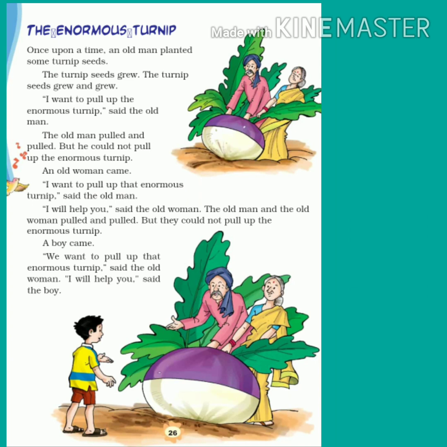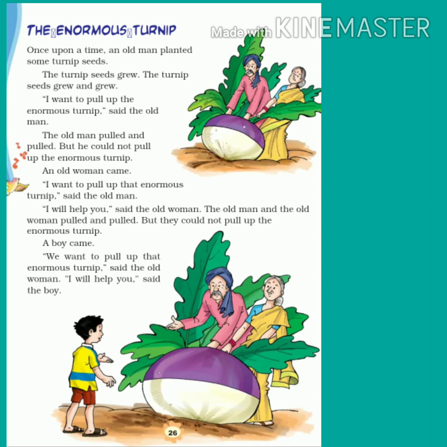He tried all his might, but was unsuccessful. He could not succeed. Then, on seeing the old man, an old woman came. She offered him to help. They both together started to pull out the turnip from the ground, but could not do so.